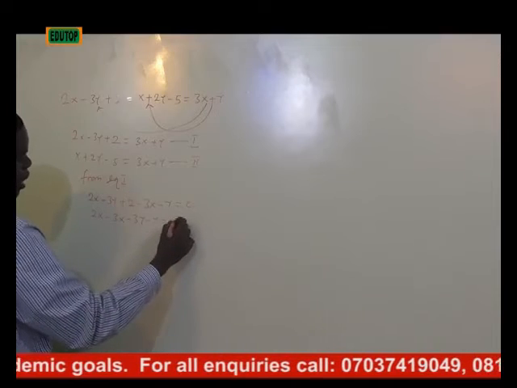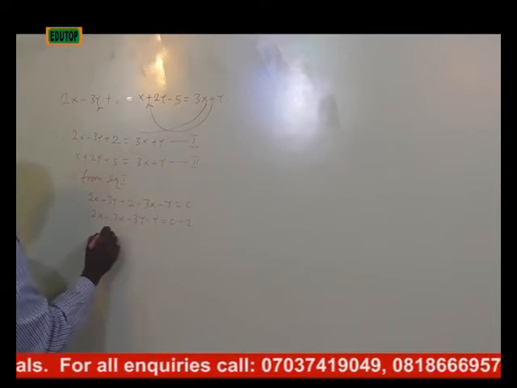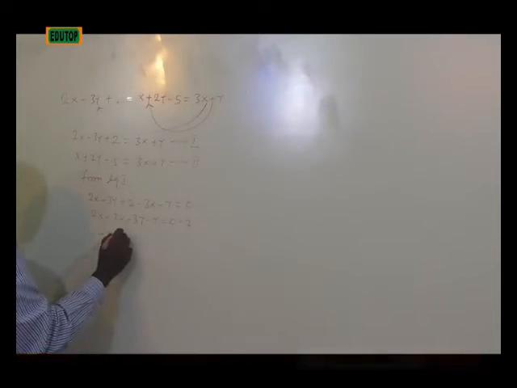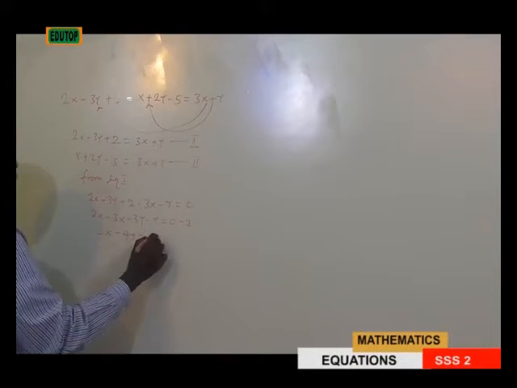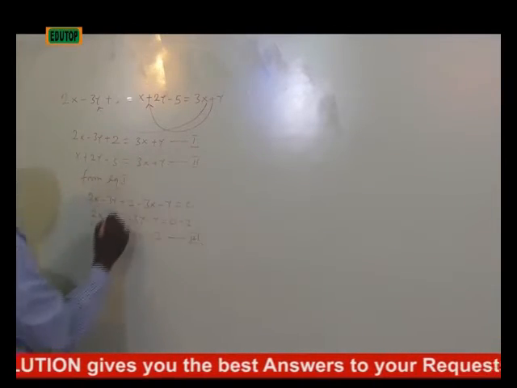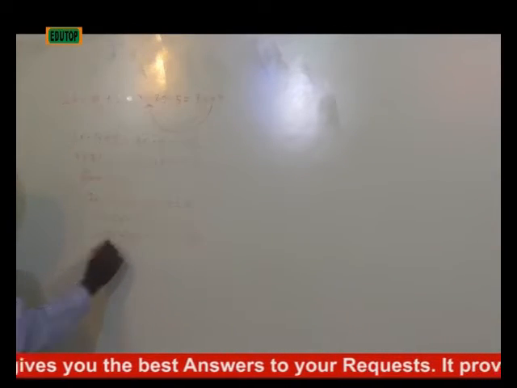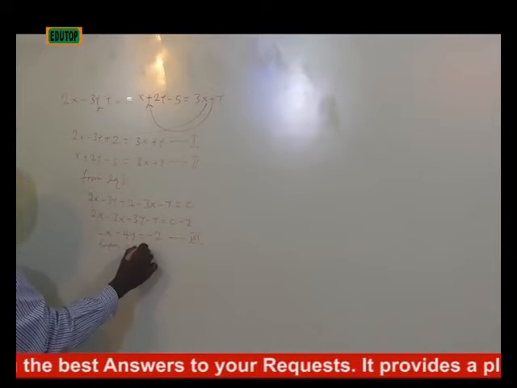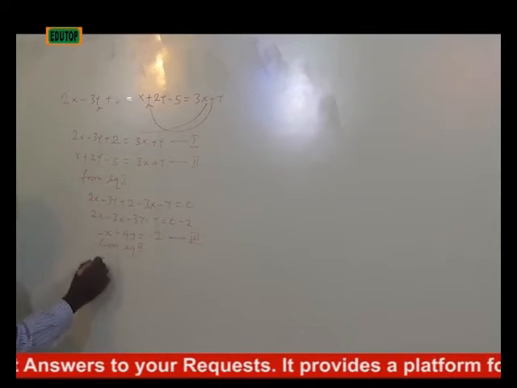Then this one goes to the other side, it becomes 0 minus 2. So this one becomes minus x minus 4y equals to minus 2. This is equation 3.